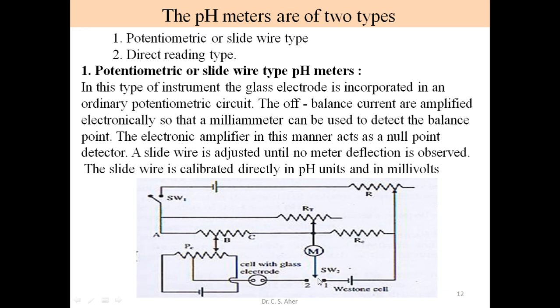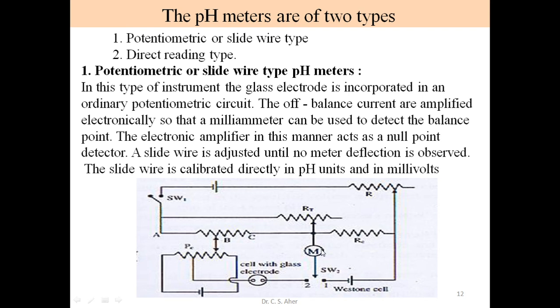Then we connect the second point, that is the actual electrode or cell, and in this case we measure the deflection. For adjustment of temperature we have this resistance RT, parallel to the ABC resistance. This RT resistance is adjusted for temperature change, and by using it we can measure the pH in this detector, that is the pH meter.